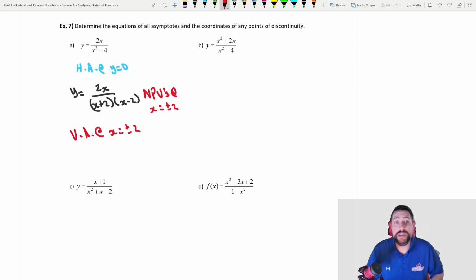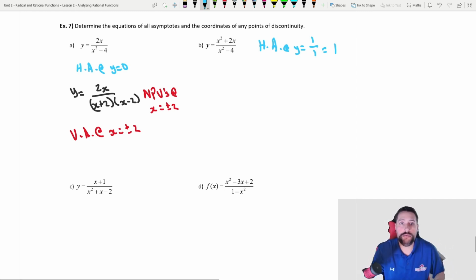B says y is equal to x squared plus 2x divided by x squared minus 4. In this case, because there's an x squared in the numerator and denominator, our horizontal asymptote will change. The coefficient of the numerator is 1 and the coefficient of the denominator is also 1, so it's going to be at y is equal to 1.